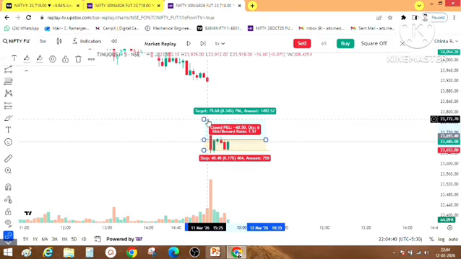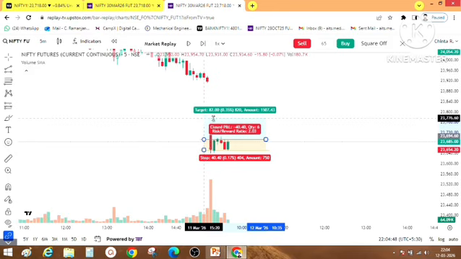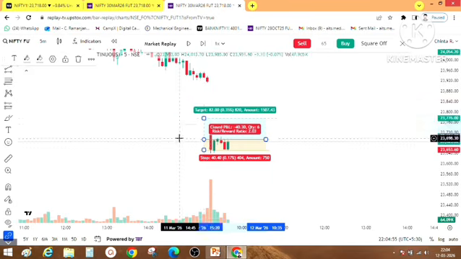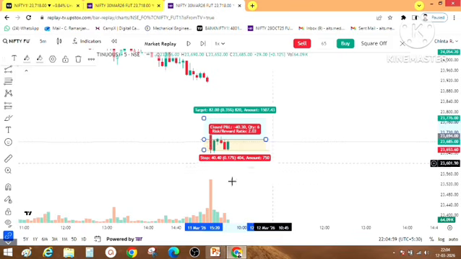Be cautious and strict on the rules what I am discussing here, and based upon that only you need to trade. Don't think that market is negative, market is positive, the news is negative, news is positive. Don't be so much conscious about that news, because price action will be supreme, and follow the price action so that in most of the cases you will be safe.